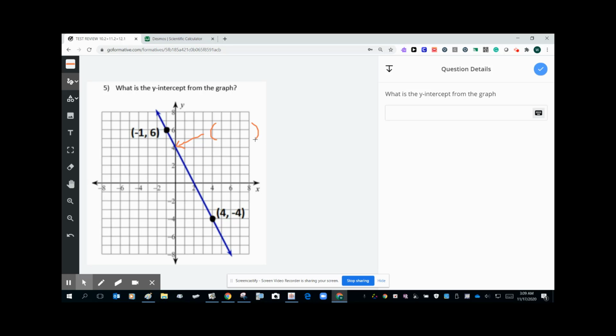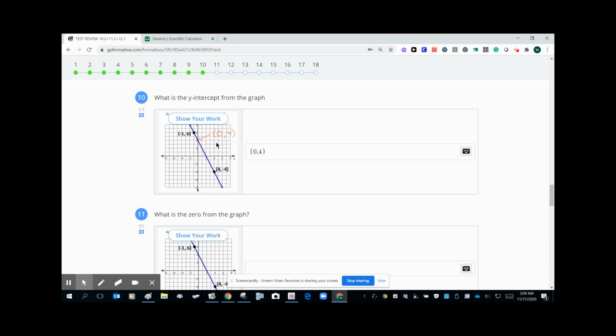And we also know that the x value for the y-intercept is always 0, so this would be 0, 4. So here I can write parenthesis 0, comma 4, close parenthesis, press enter, and I get a green light.